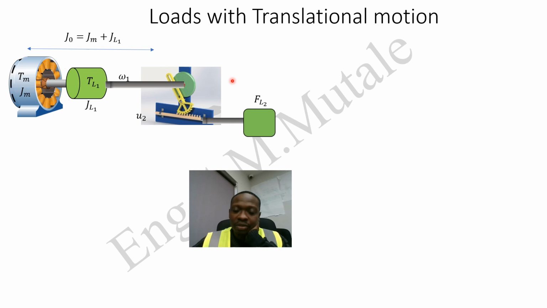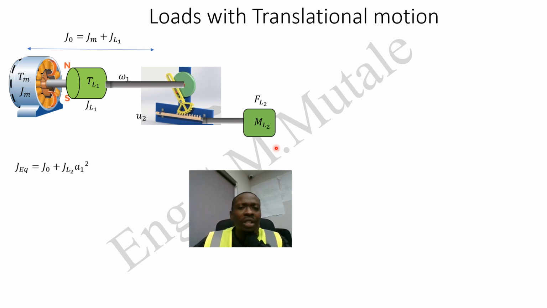Then on the other side, you've got the load which is in translational motion. Instead of the torque, we'll consider the force. And instead of the moment of inertia, this time around it's a mass for translational motion.